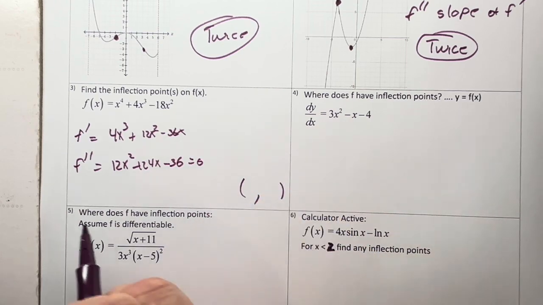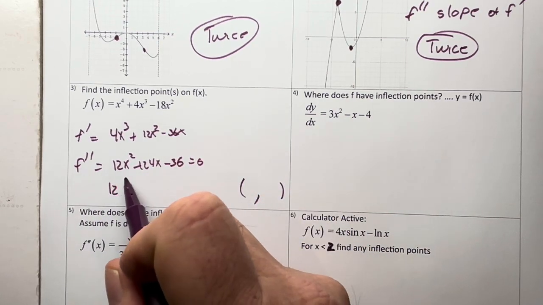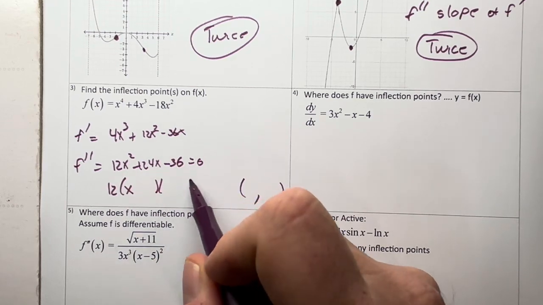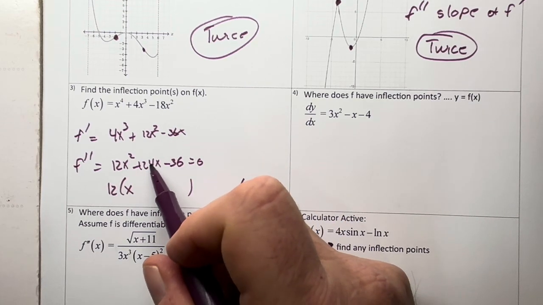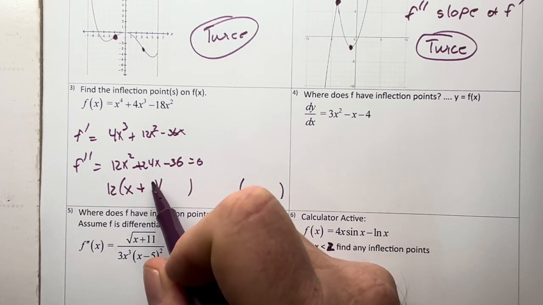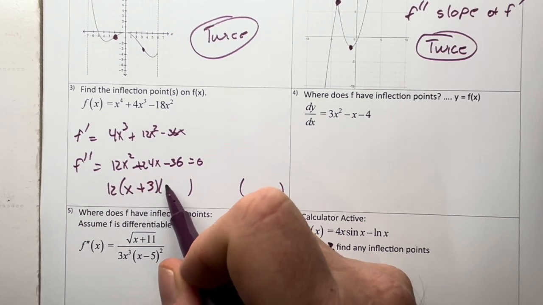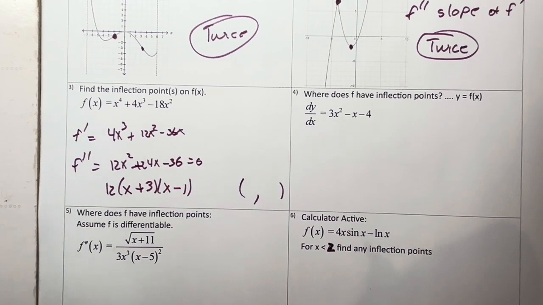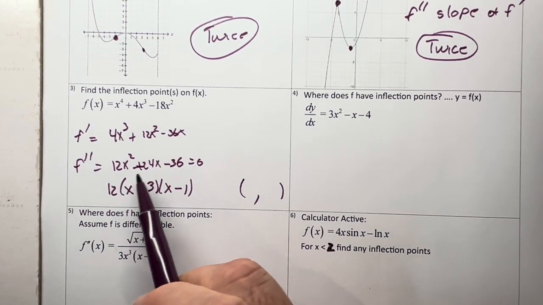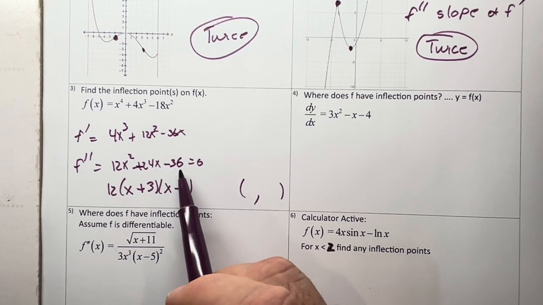If we set that equal to 0, we can factor out a 12 and have, what's this? This is going to be 2, and this is going to be 3. So it looks like it's going to be plus 3 and minus 1. Double checking that, taking out 12, it's going to be x squared plus 2x minus 3.